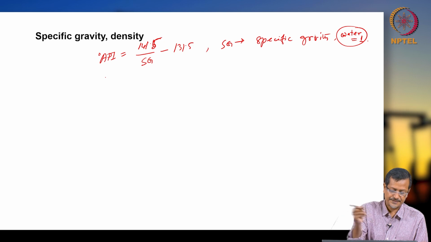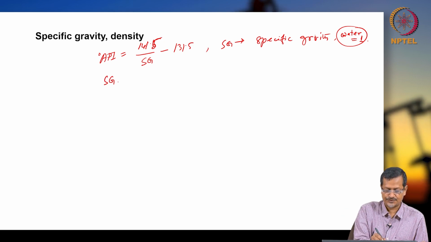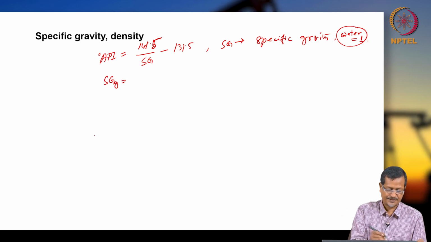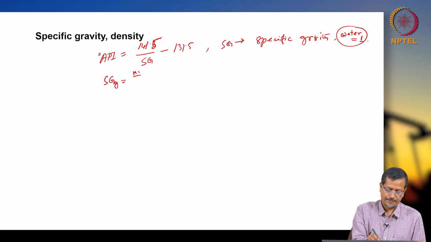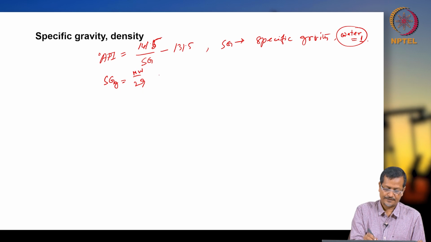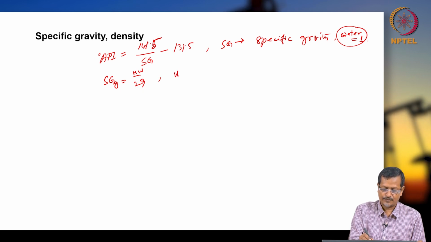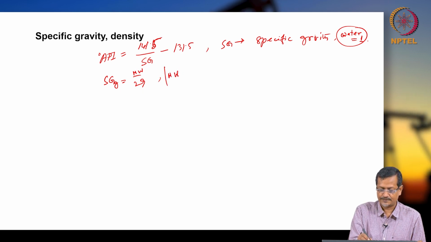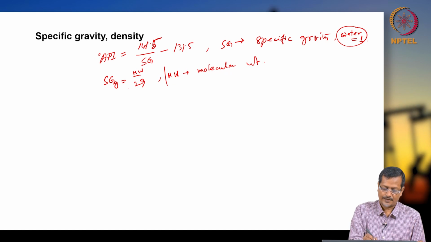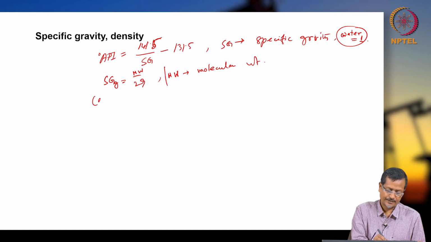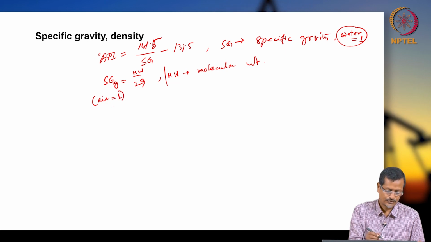So, specific gravity of gas, I put the symbol G. MW 29, where MW is molecular weight, and we are assuming specific gravity relative to air equals 1.